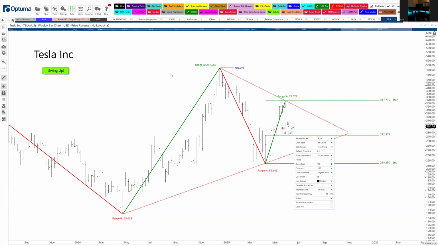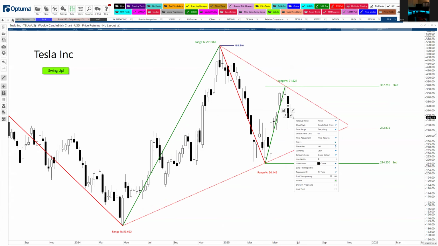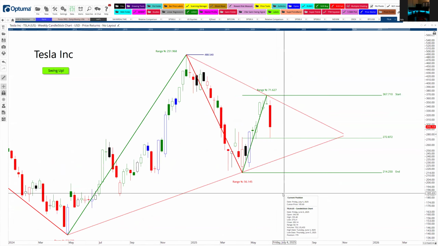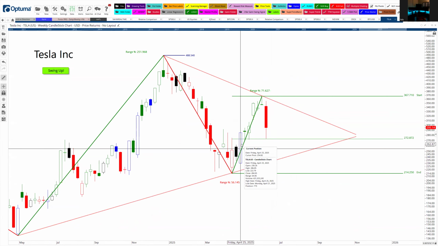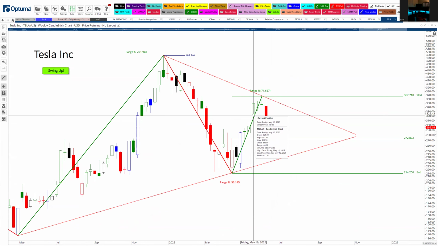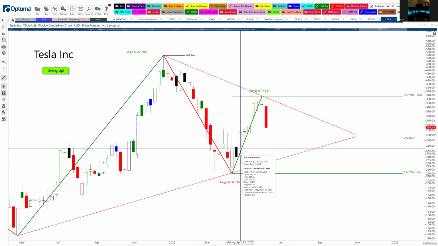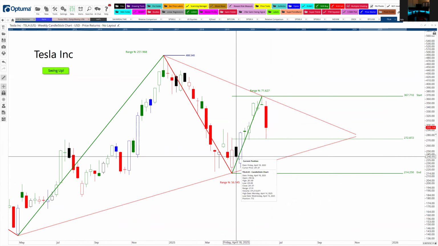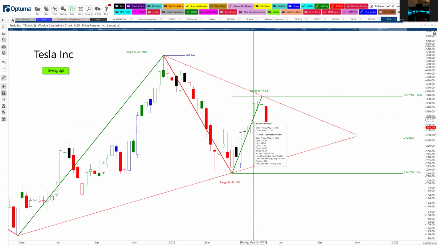Let me change this to a candle so I can see a little better. There. Now if you notice, Tesla put a low here. 1, 2, 3, 4, 5, 6, 7. For 7 weeks, this stock was making higher highs every single week.